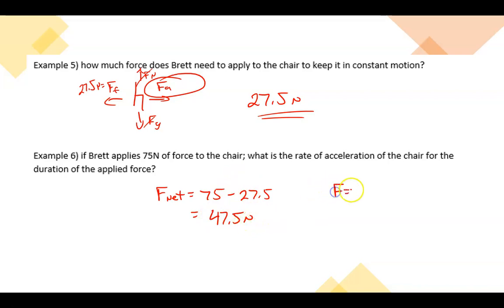We know that F is equal to ma, or a is equal to F over m, as written on our formula sheet. So we're going to take that 47.5 divided by the 10, which gets you 4.75 meters per second squared as the acceleration.